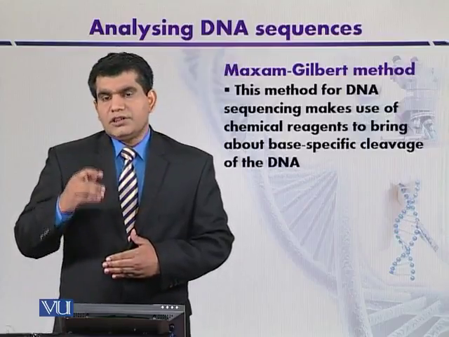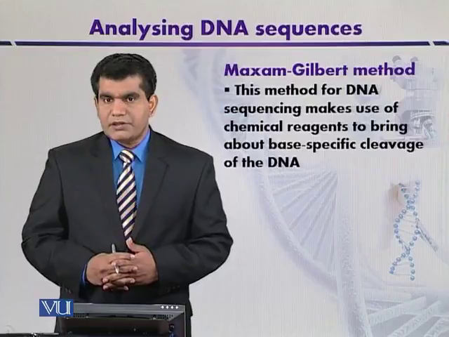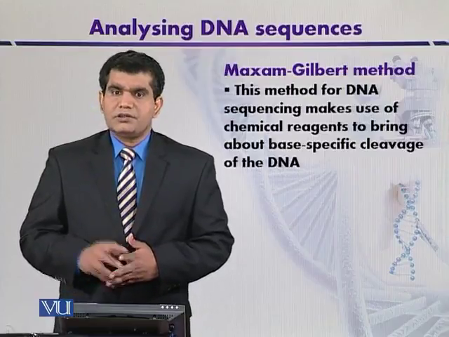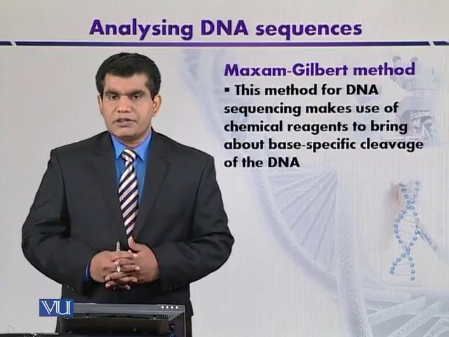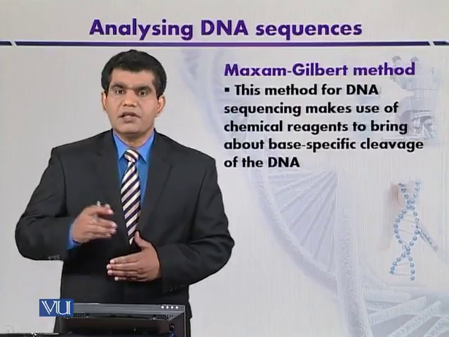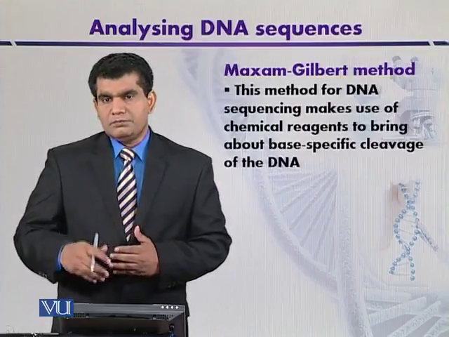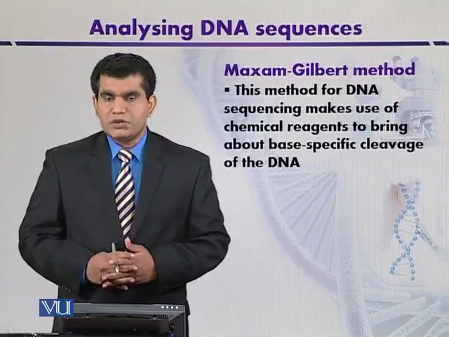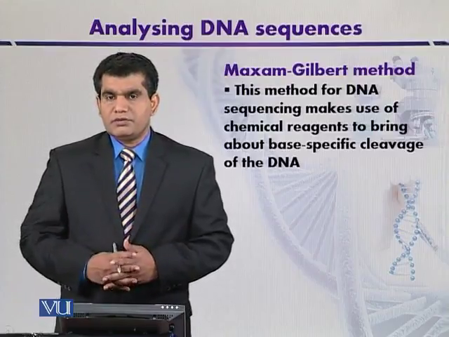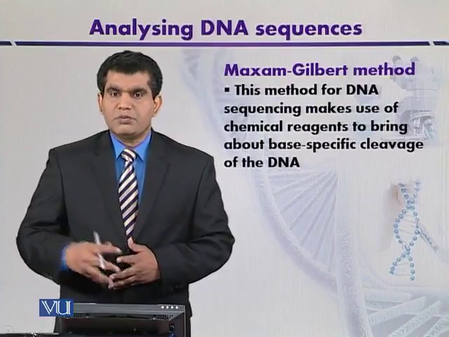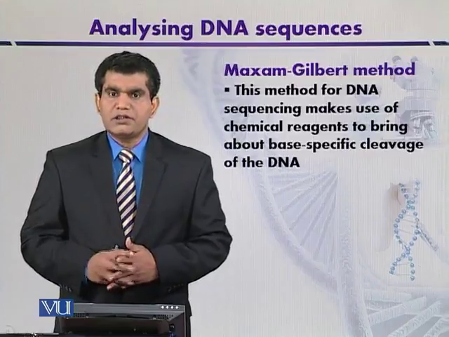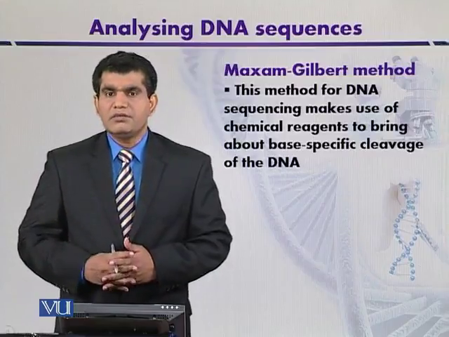The target DNA fragments are first labeled with radioactive material, like phosphorus 32. It is a radioisotope of phosphate that can be used for labeling of DNA fragments.